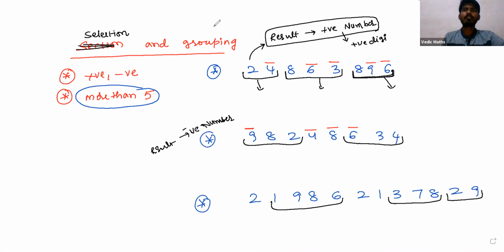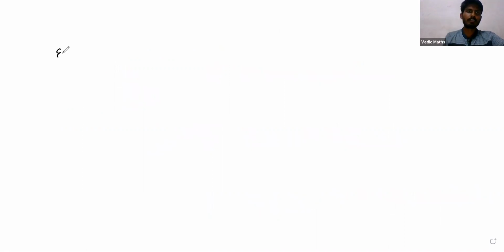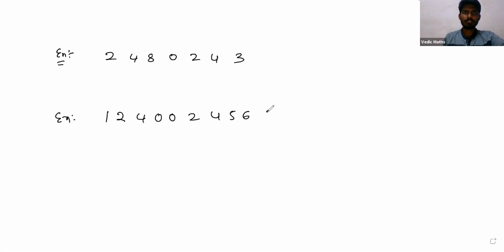Let us take some more examples here. 248023, and 14002456328663, and 399924.